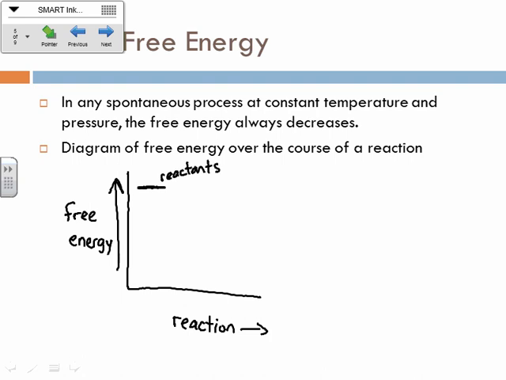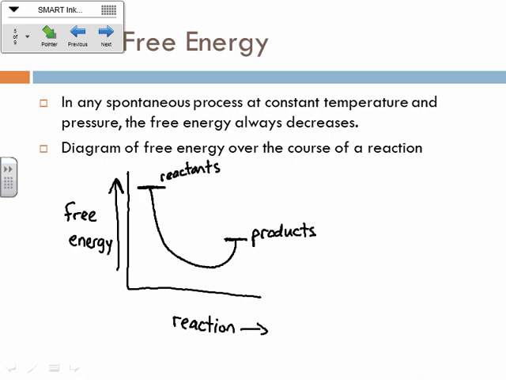Then what's going to happen over time as the reaction goes from reactants to products, you're going to end up with something that kind of looks like this, and then you're going to end up with your products over here.